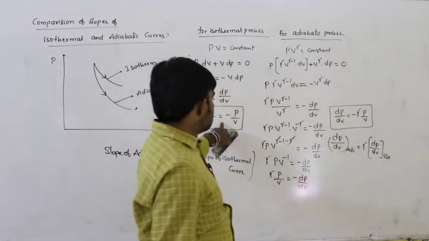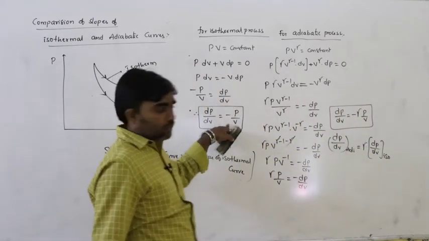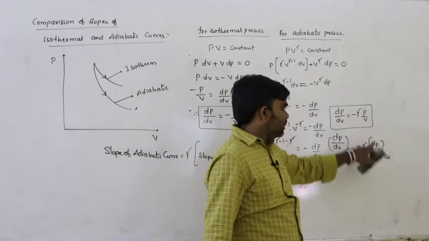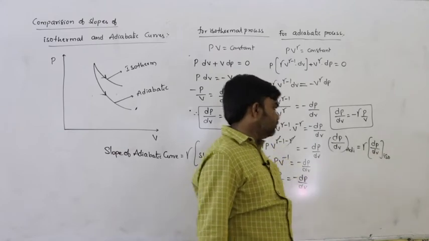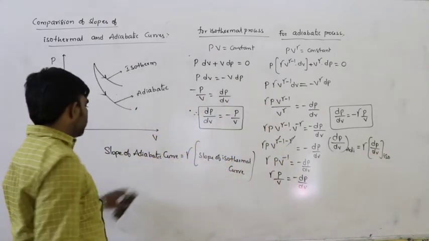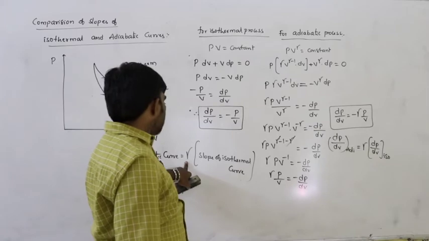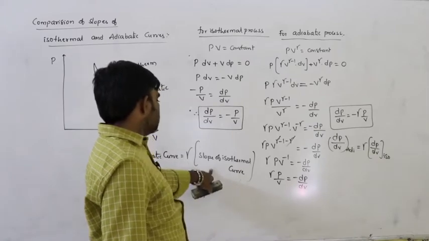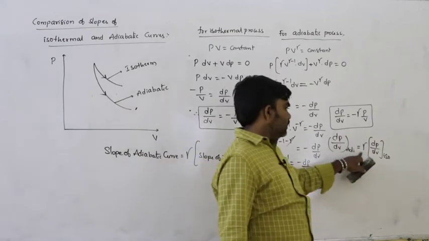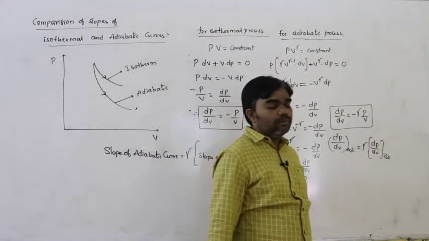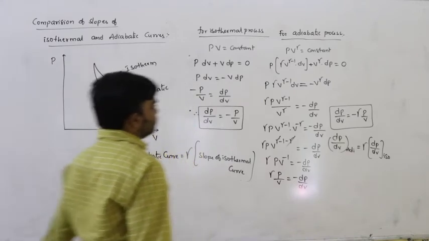Because for the isothermal process, what is the slope? Minus p by v. That means in place of minus p by v, we can write dp by dv of isothermal. So the slope of the adiabatic curve is equal to gamma into the slope of the isothermal curve. So dp by dv adiabatic is equal to gamma into dp by dv of isothermal curve.